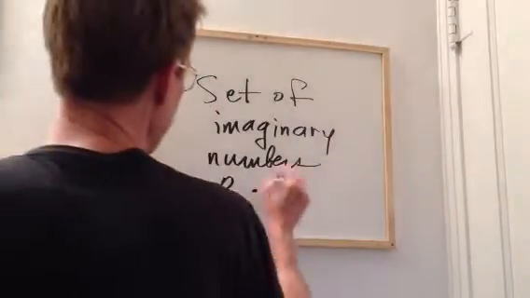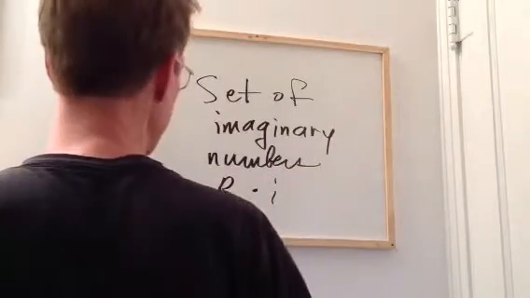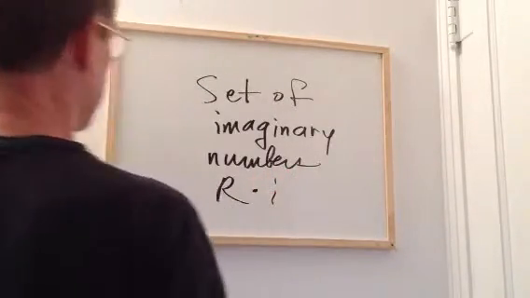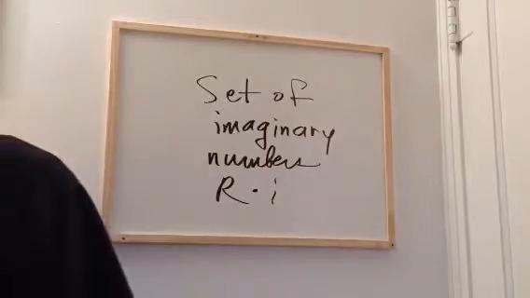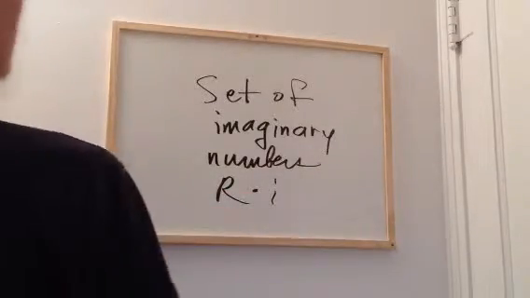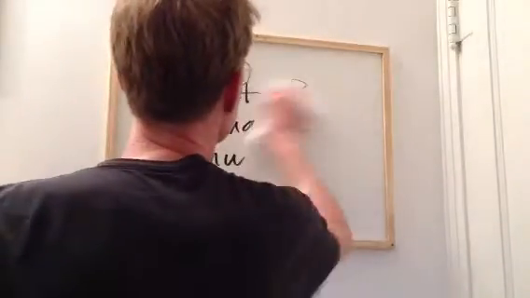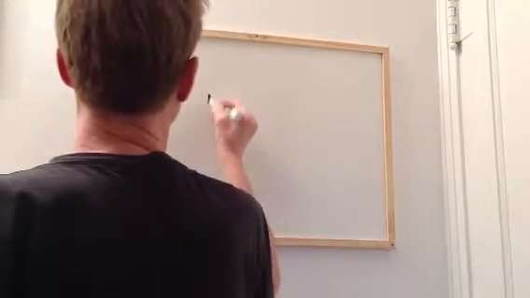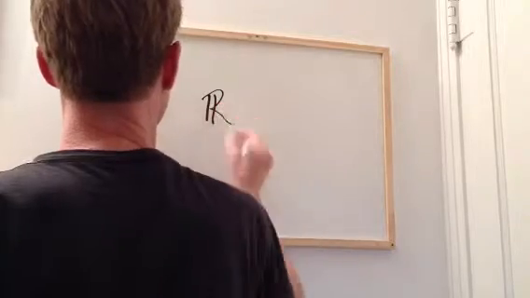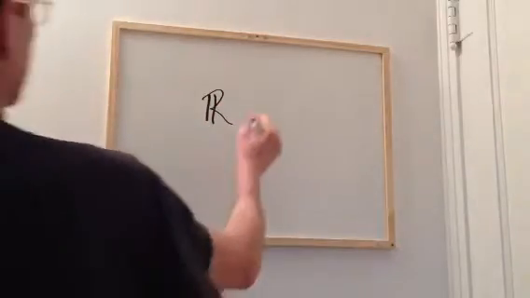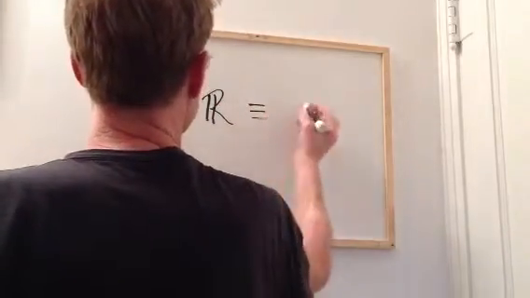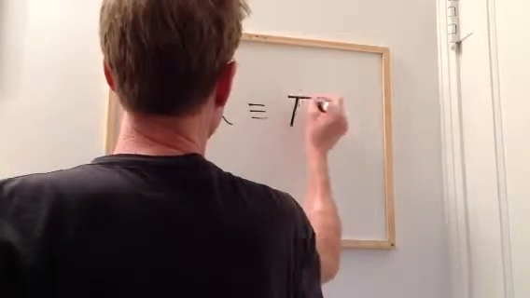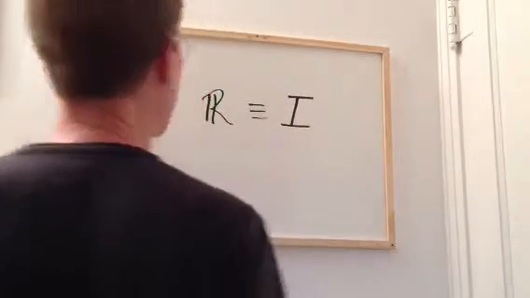Well, i being a single unit constant, this positive square root of -1, we see that the set of real numbers, commonly denoted like that, has a 1-to-1 correspondence with the set of imaginary numbers.